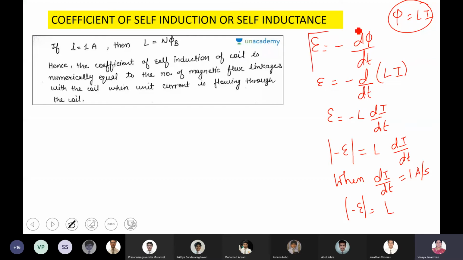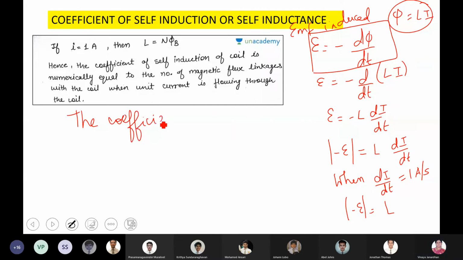Okay, let's copy down. EMF induced E is equal to minus d phi by dt, the rate of change of magnetic flux. Flux is equal to L into I, substitute. L is a constant. Now how will I define this, boys?